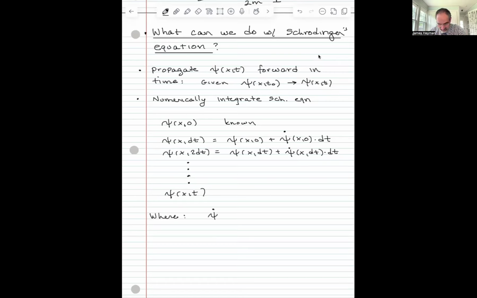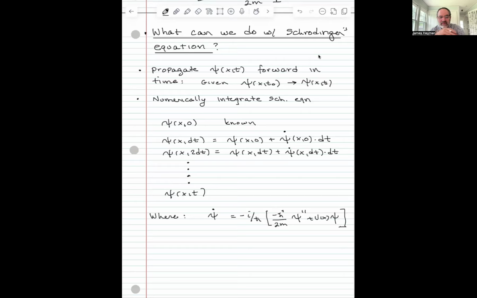The time derivative of the wave function is 1 over i h bar, or equivalently, minus i over h bar, times minus h bar squared over 2m times the second derivative with respect to position of the wave function, plus U of x times the wave function.